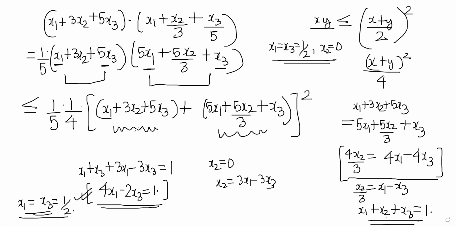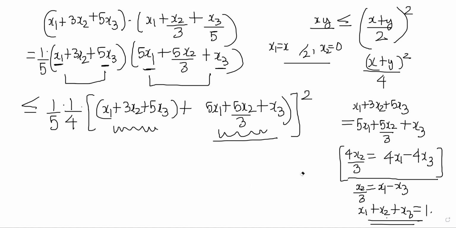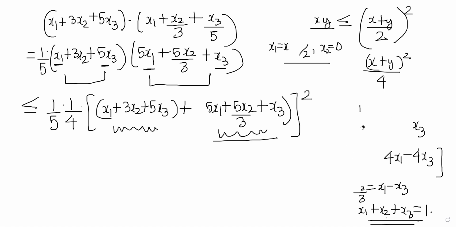In that situation, we will attain the maxima basically. So what I want to see here is what is that maximum value? That maximum value will happen when x1 and x3 are both half and x2 is 0. Let's try to estimate the maximum value.